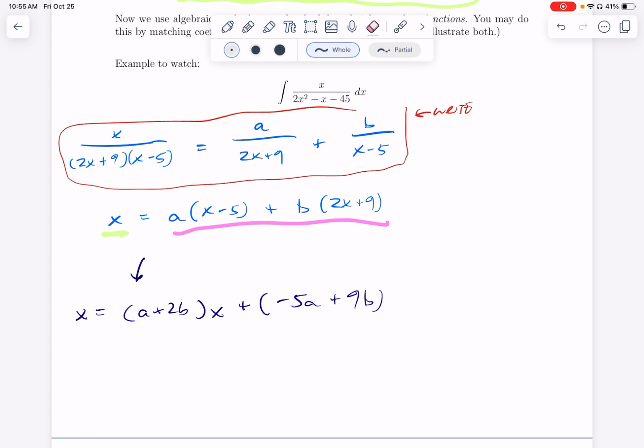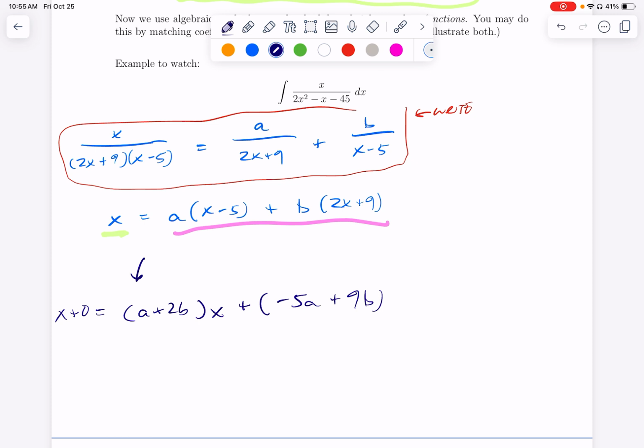On the other hand, let's actually write this as x plus 0. Right? I want these to be the same function. They're linear. That means they're the same line. That means they must have the same slope and the same y-intercept.